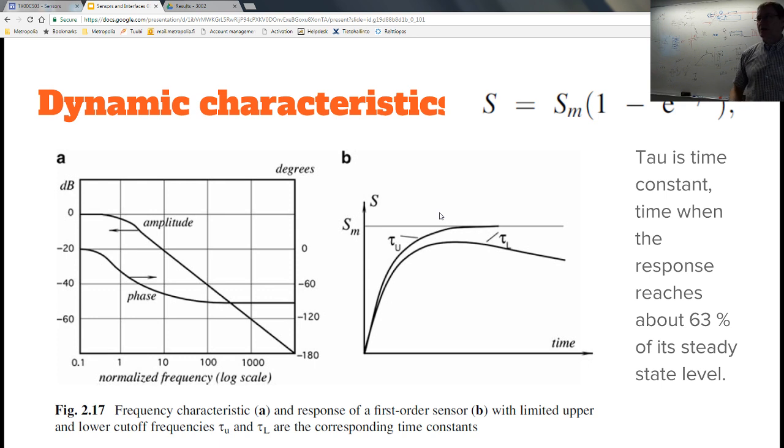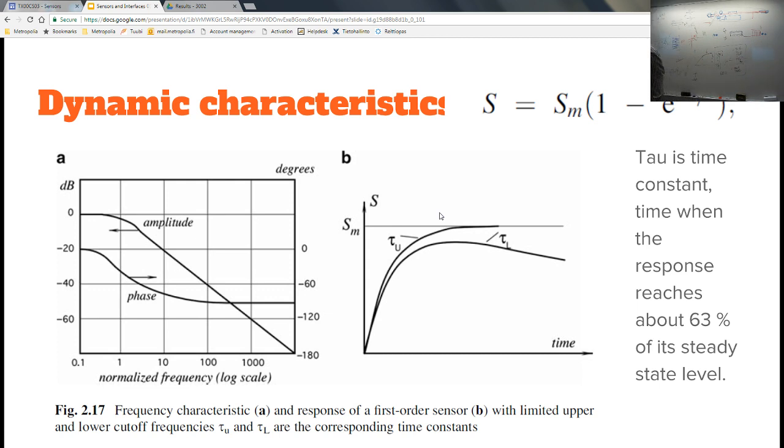Okay, now just a small word about the dynamic characteristics. The dynamic characteristics are also one part of the transfer function. So the transfer function should also give how the output depends on time.